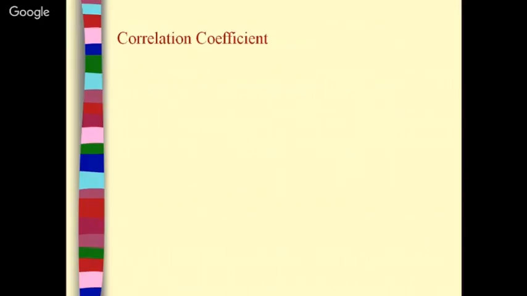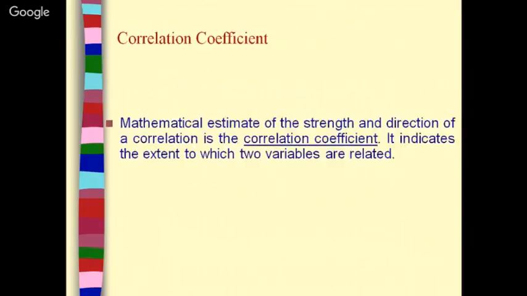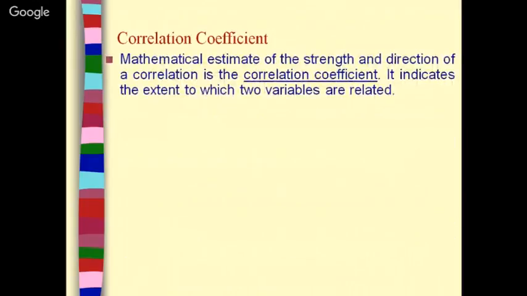Now, when we relate the two, we come up with the correlation coefficient. The mathematical estimate of this relationship is called the correlation coefficient, and it indicates how two variables are related. Now again I come to you: what can be the minimum and maximum value of this correlation coefficient? Yes, let me hear from ABS Engineering College Ghaziabad.